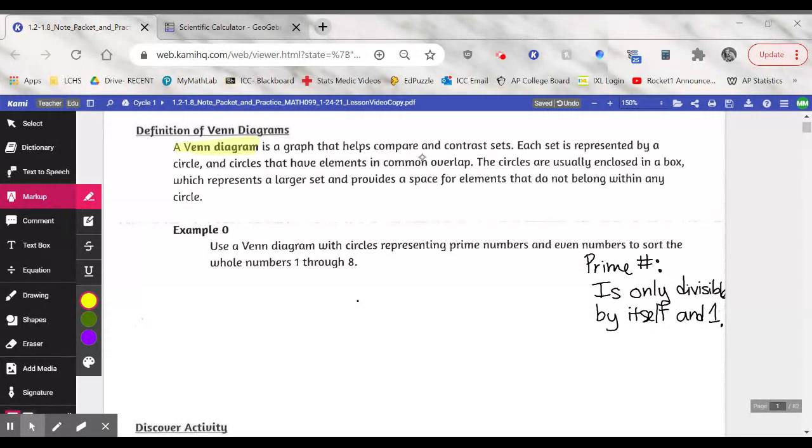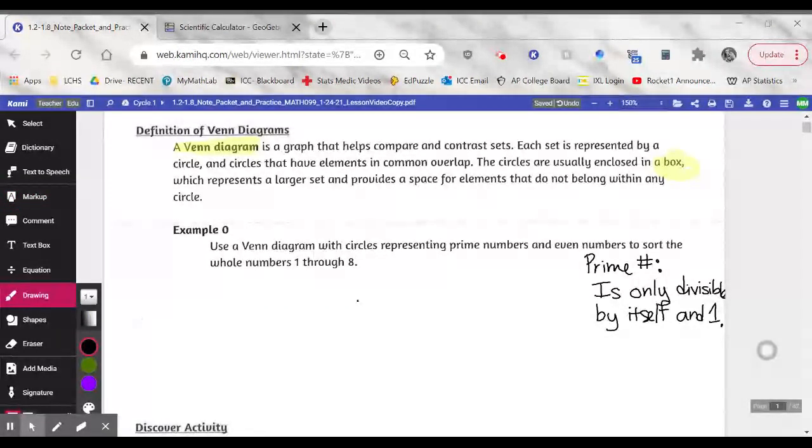As long as an item in your list belongs to both circles, the circles will overlap. The circles are going to be enclosed in a box, which is important, and represents a larger set and provides a space for elements that don't belong to either circle.